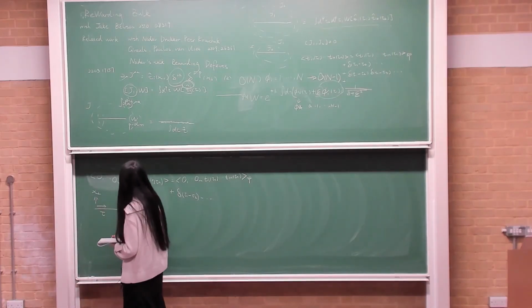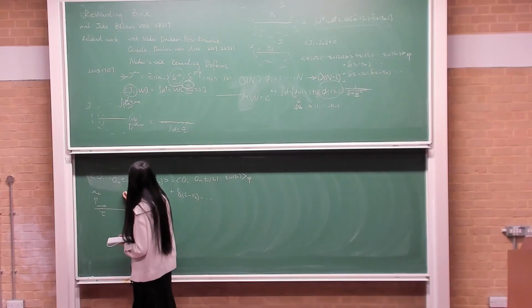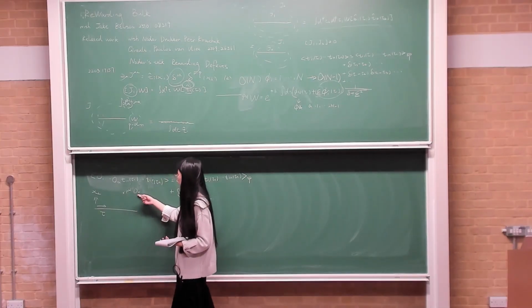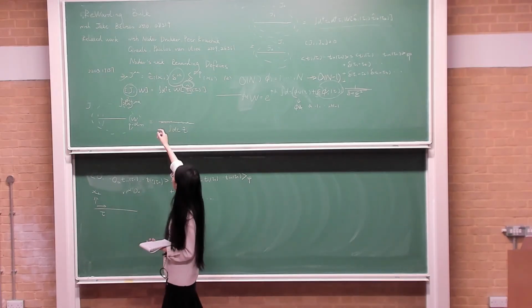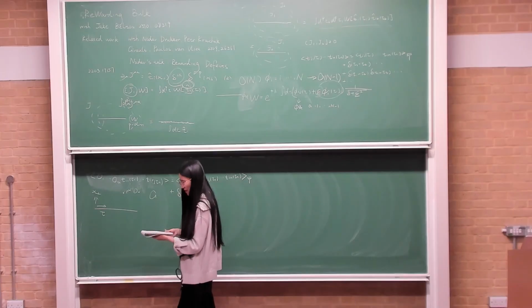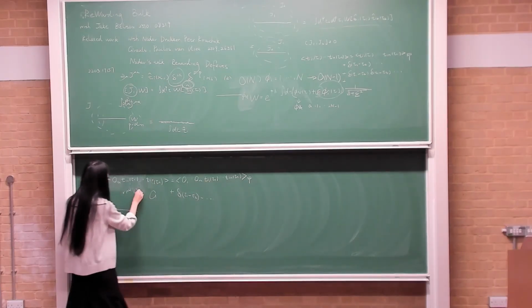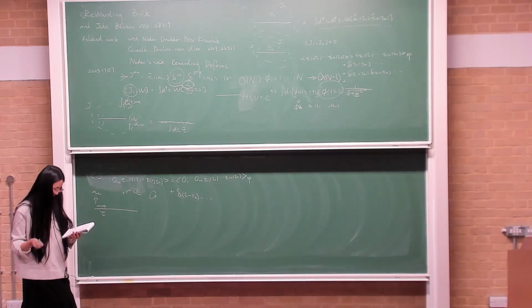And here I say that my bulk operator is transforming in some representation of the global symmetry group J, and this I is just to represent the representation.